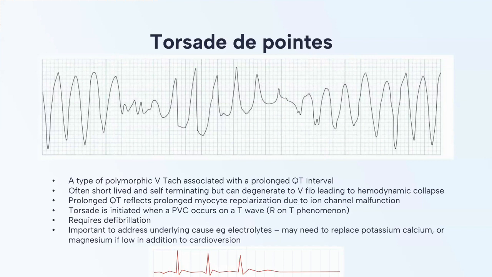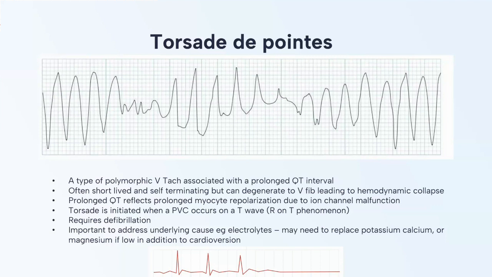Often it's short-lived and self-terminating, but if not picked up and treated, it degenerates into VFib and hemodynamic collapse. The prolonged QT is a result of prolonged myocyte repolarization because of malfunctions in the ion channels. Generally, that's associated with electrolyte problems, so things like potassium, calcium, magnesium abnormalities.